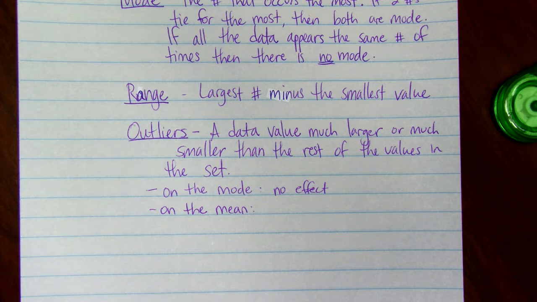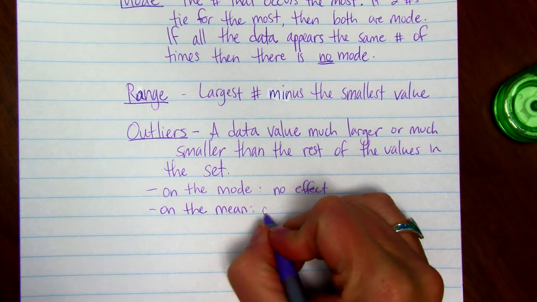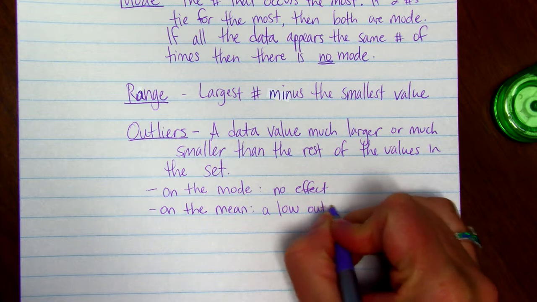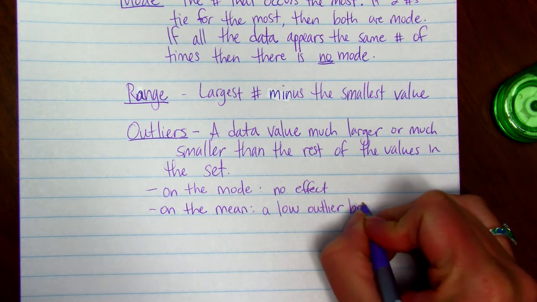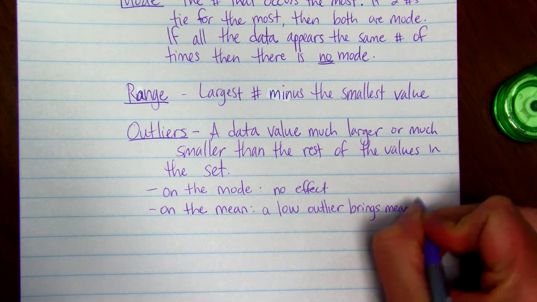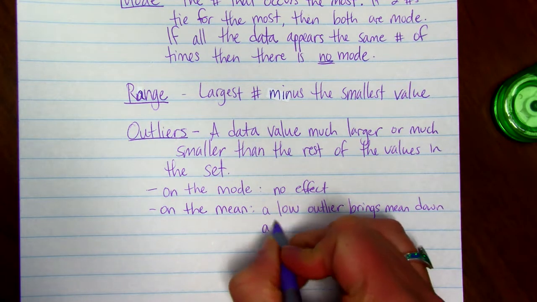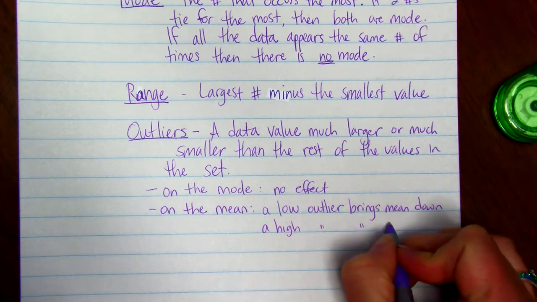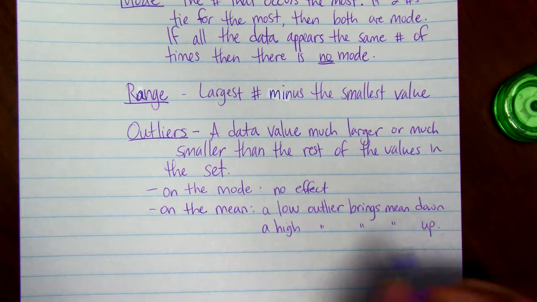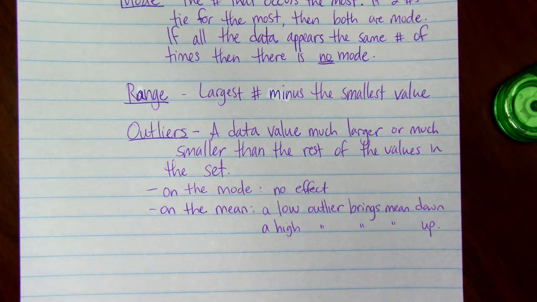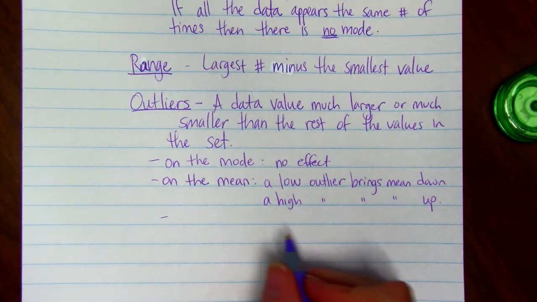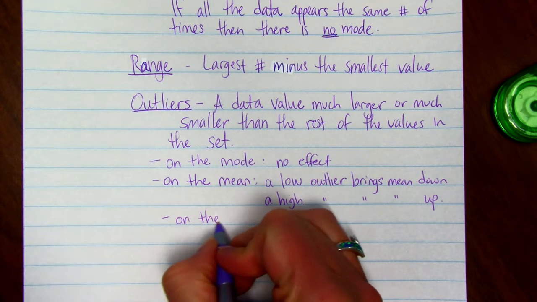A low outlier brings the mean down, and a high outlier brings the mean up. If you have one of each, it will just kind of level it out. On the median, there's very little effect.